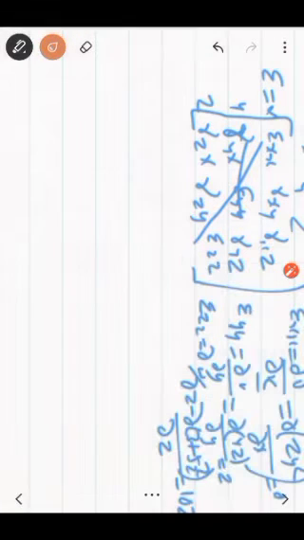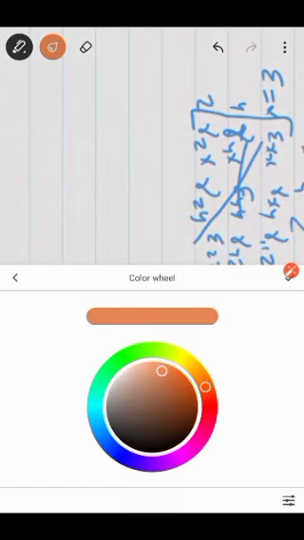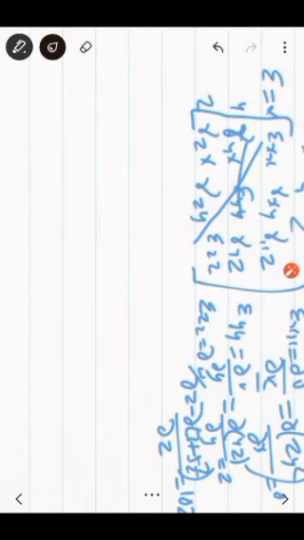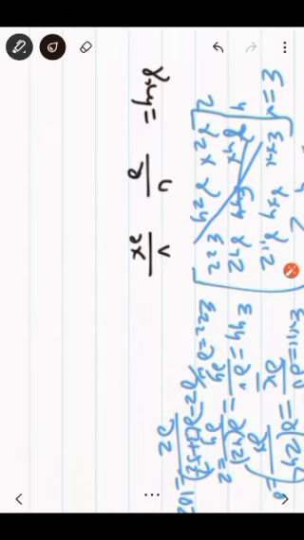Now I have to determine the other thing. I do it in black, then only if you take a printout it will be easy. Now you have to do gamma xy. Gamma xy is equal to, you have to put u, you have to put v for y, and put dou x, y. So reverse it, dou y, dou x, add it.